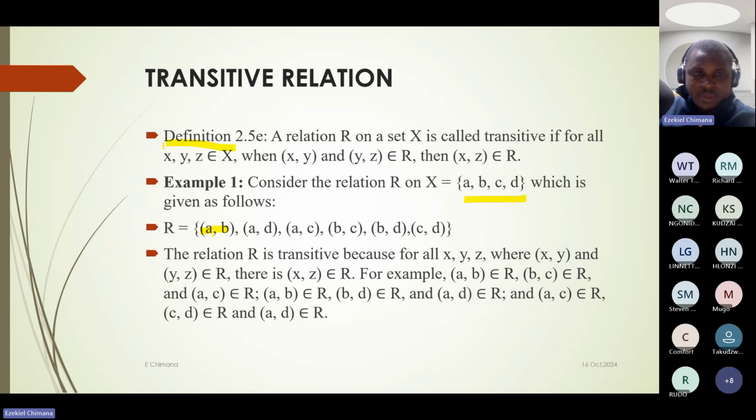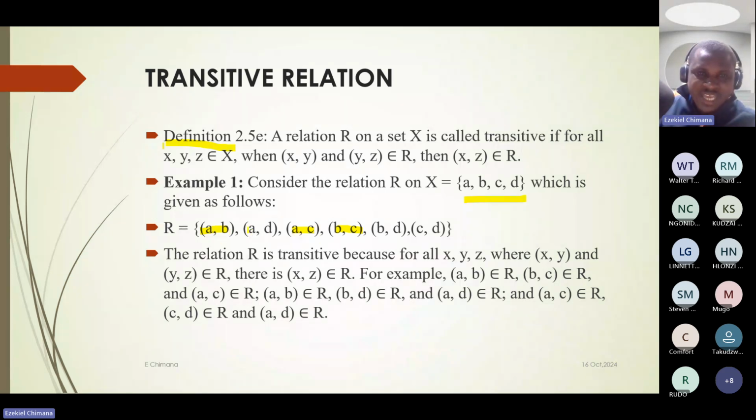So you've got (A, B). Do we have (B, C)? Yes, so you must have (A, C). Because A knows B and B knows C, so A must know C through the introduction by B.